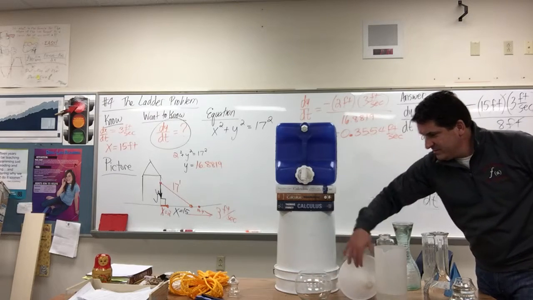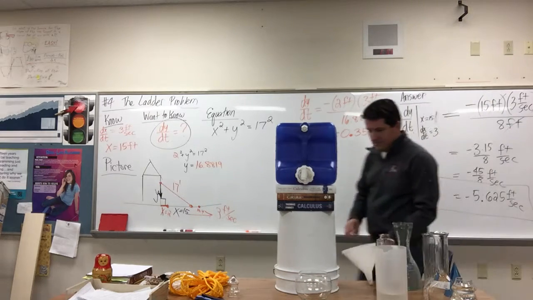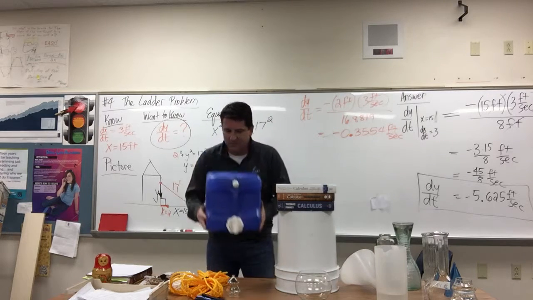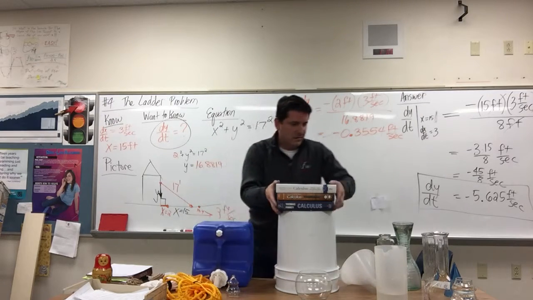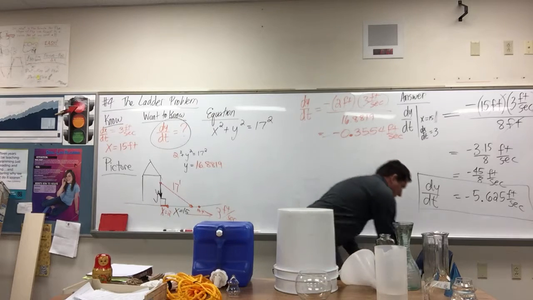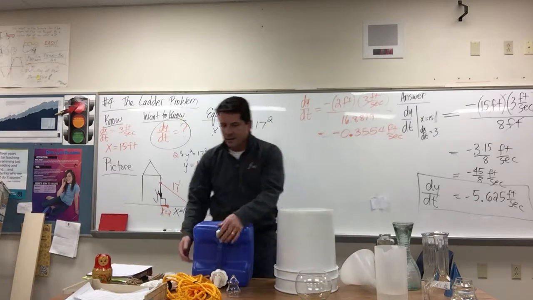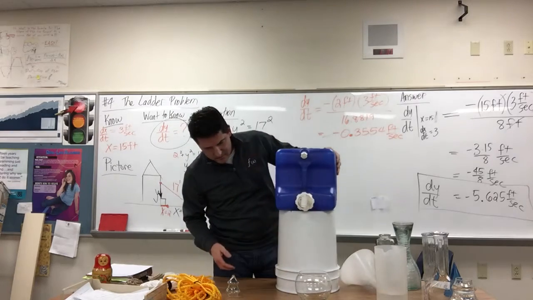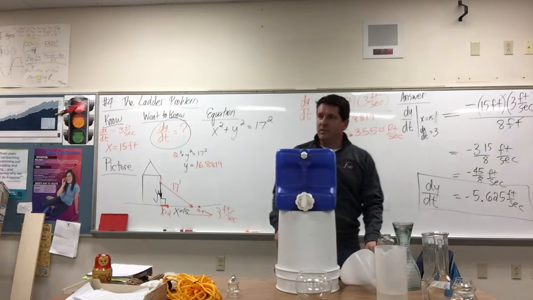And then last one, what about this one? Fishbowl. How should that one grow? How should the middle compare to the outer? It should be the slowest point.